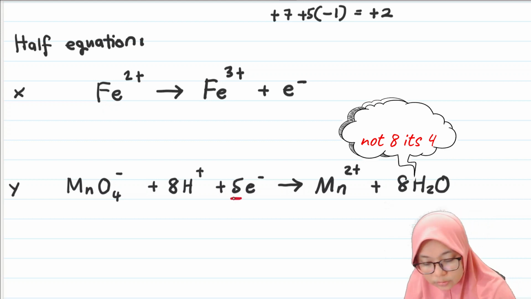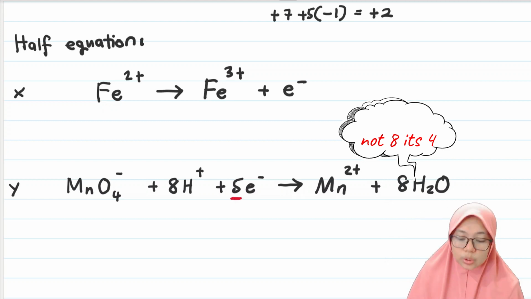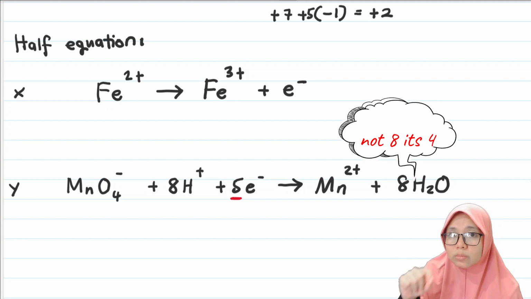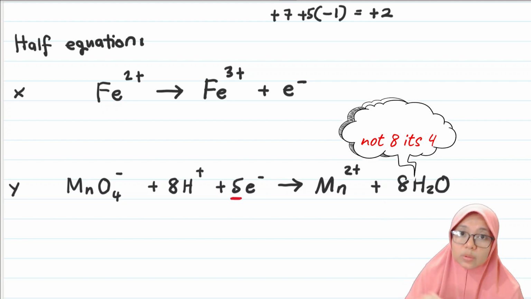So we cannot combine the half equations if you have a different number of electrons. We have to change it so that the total number of electrons for both half equations is the same.